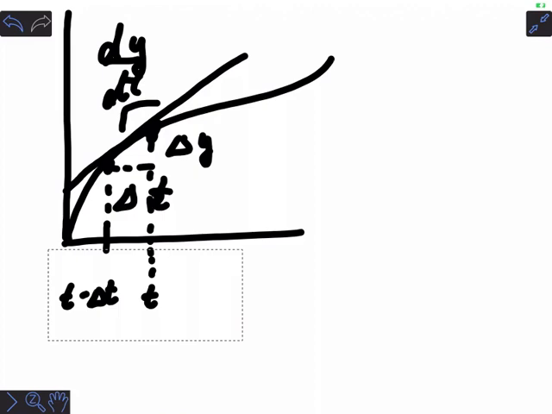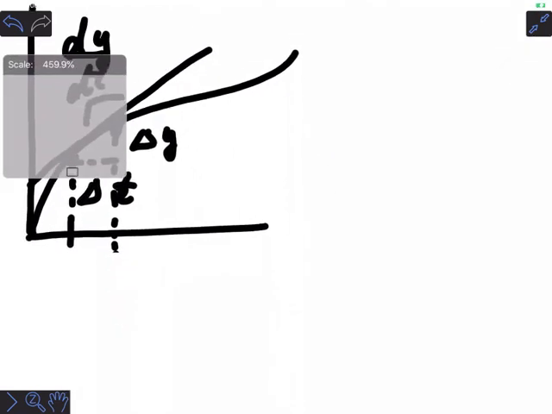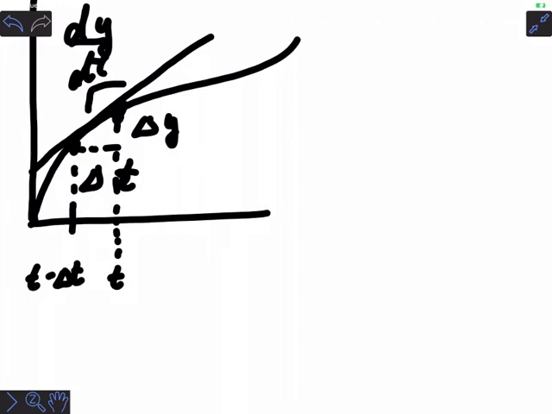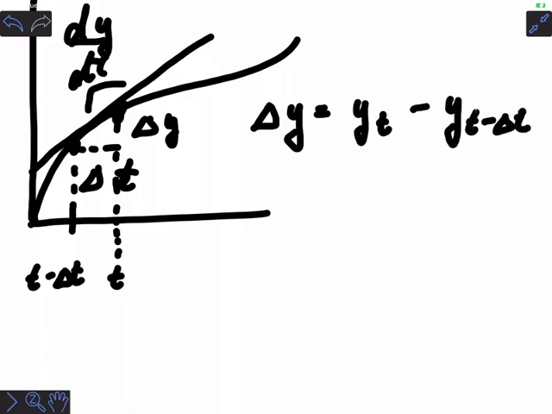And now I have a difference equation. The difference here is the fact that delta y will be y at t minus y at t minus delta t. And the delta t will simply be that delta t. So that will be a constant. Okay? Now, do you see what's happened?